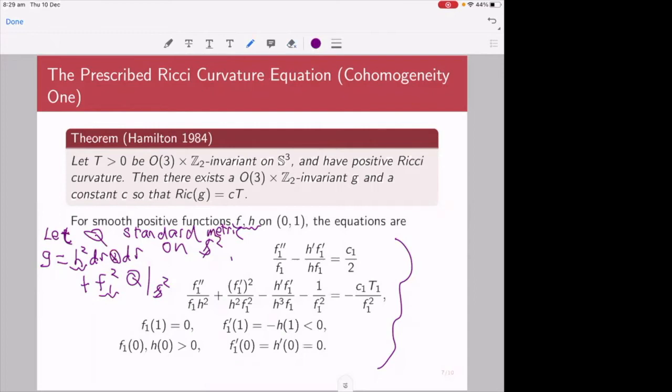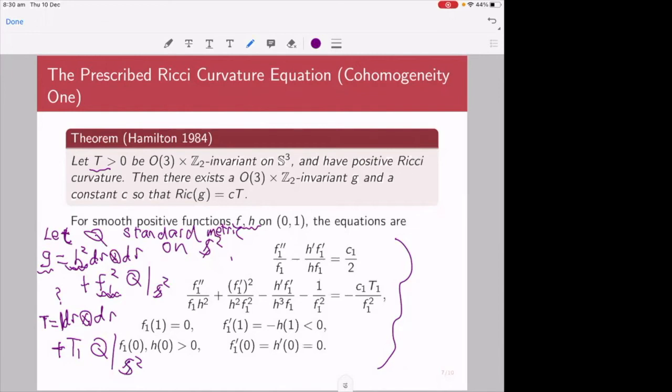Now, what does the tensor T look like? Well, the tensor T is going to have a very similar form to the metric, because again, we know that T has to be a metric. T1, and then again multiplied by the standard metric on the two-sphere. Now you might be wondering, there are two functions for the metric here. Shouldn't there be another function for T right about here? Now, this is where we play with the diffeomorphism invariance of the Ricci curvature.